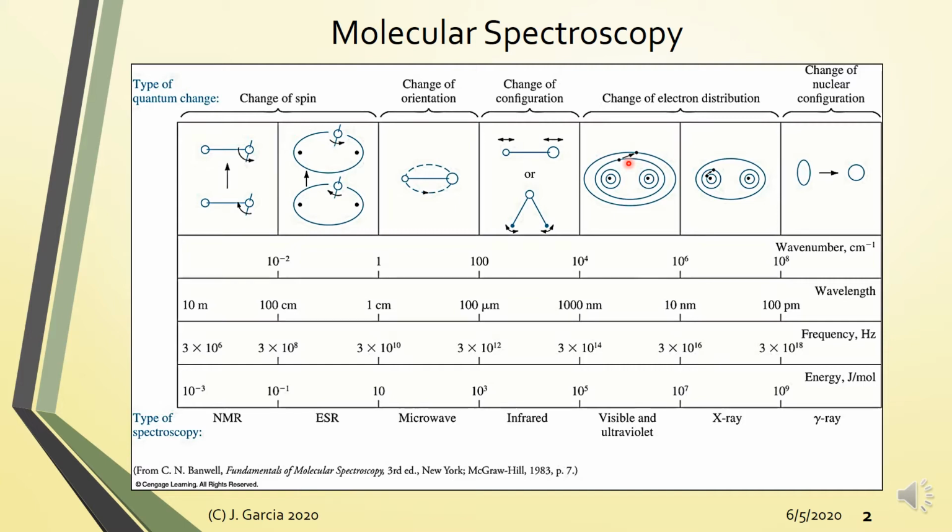Now, if we go towards the lower wavelength, say X-rays, X-rays are more energetic compared to your visible and ultraviolet radiation. So instead of just inducing electronic transitions for the valence electrons, X-rays can induce electronic transitions in the inner core shell electrons.